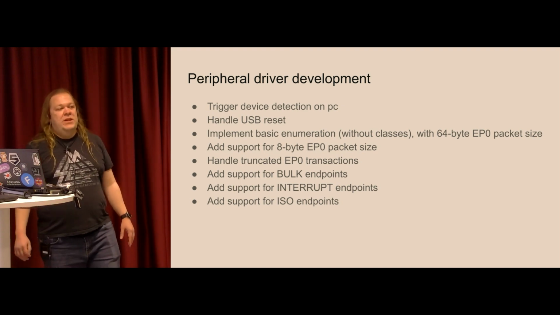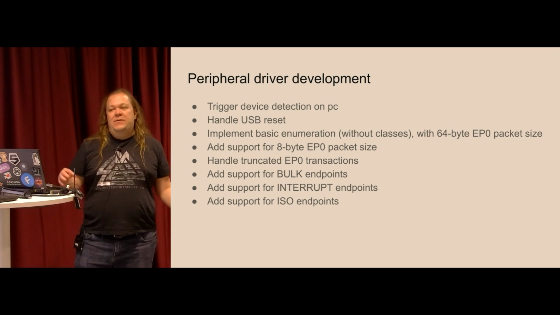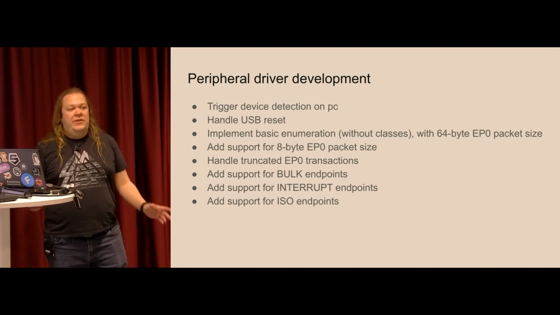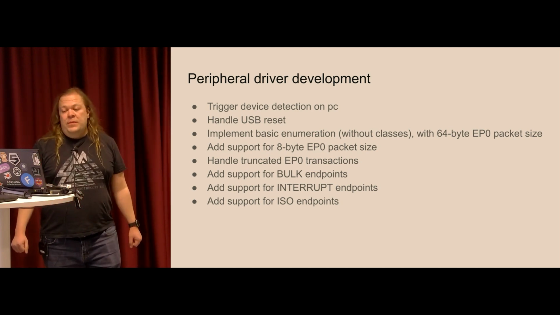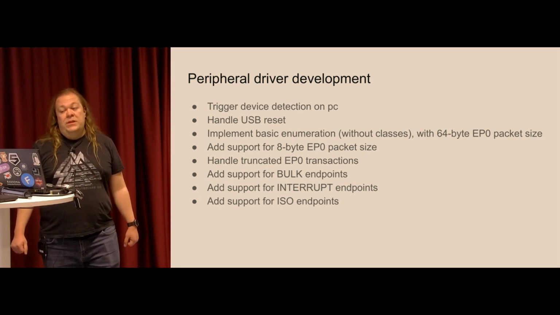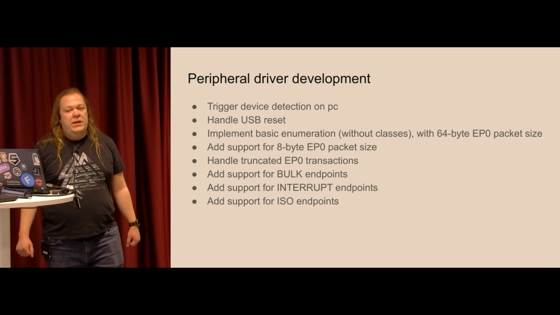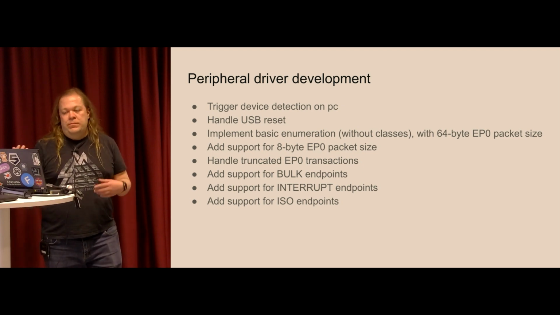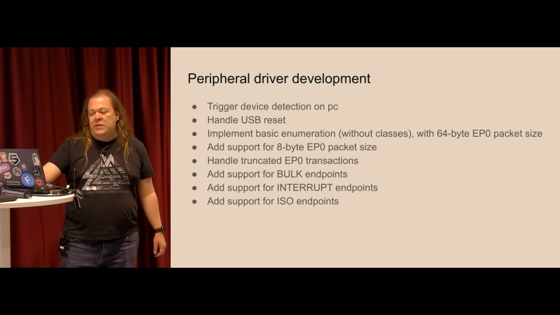So it's just an empty device which has PID, VID, things like that, like a generic name. Because this way all the descriptors will fit into a 64-byte packet. So it is a relatively easy task.